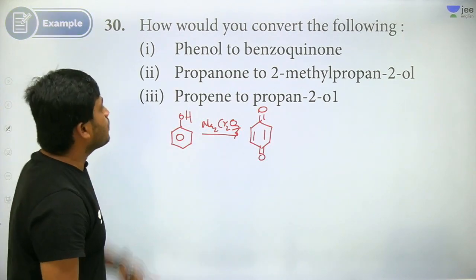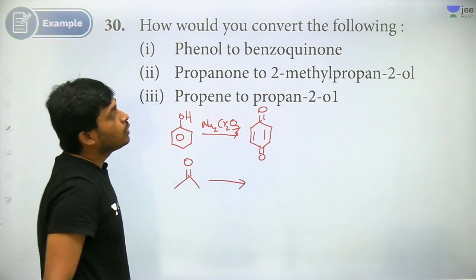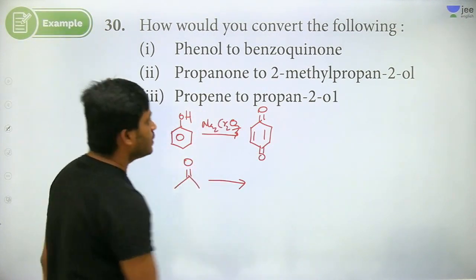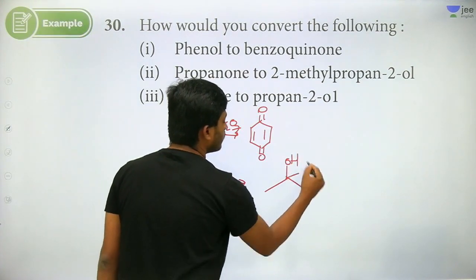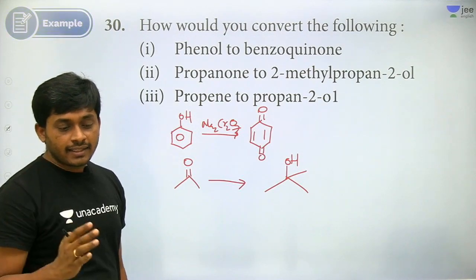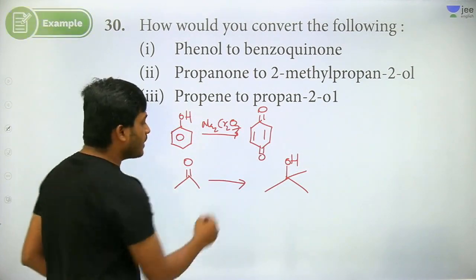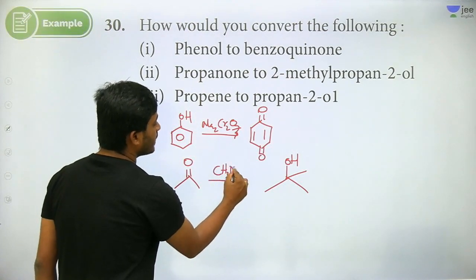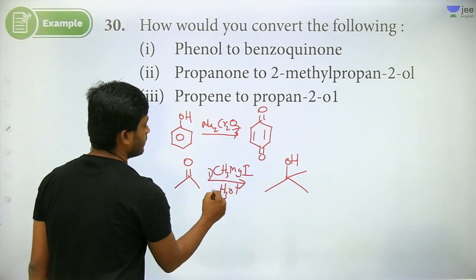Right? Next question, propanone to 2-methyl propane 2-ol. That means we are adding one more methyl group, one extra carbon. One carbon extra means methyl magnesium iodide, then H3O plus.